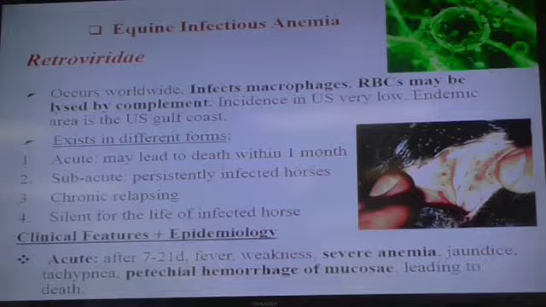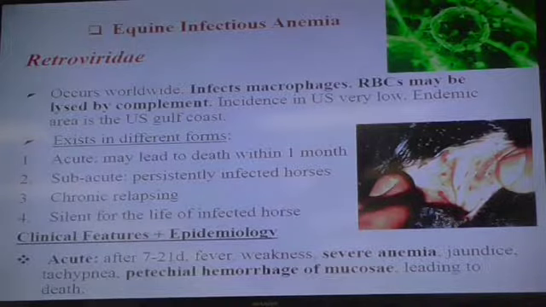Again, macrophages are important in the fight against viral diseases. It also causes lysis of red blood cells. It is fought through the binding of antibody and complement to red blood cells, resulting in their hemolysis.